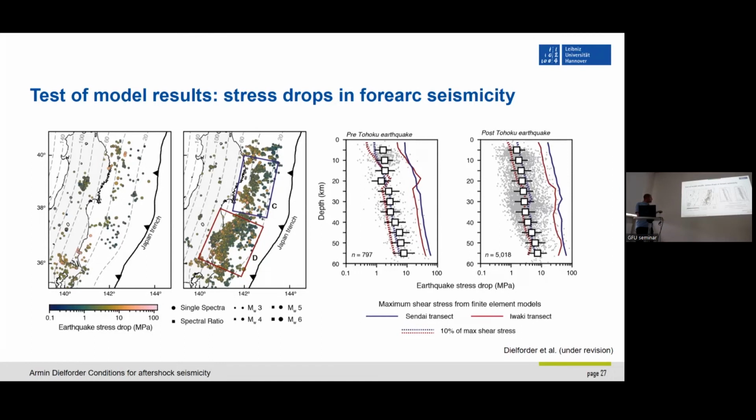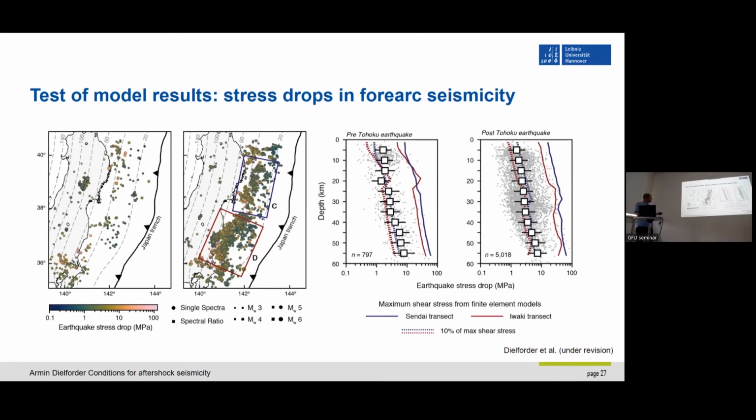And the gray dots are the estimates for the individual events. You see we have about 800 stress drop estimates for the time before the earthquake and about 5,000 estimates for the time after the earthquake. And the white squares with the bars indicate the mean stress drop value for depth intervals of 10 kilometers, and the depth intervals overlap by 5 kilometers, and the standard deviation of this mean value.